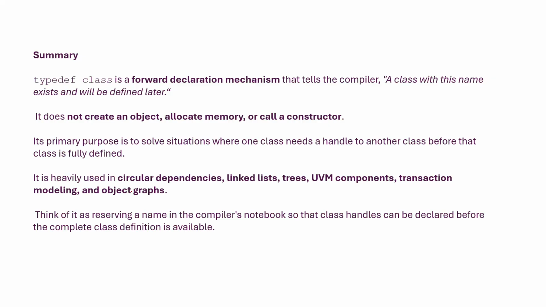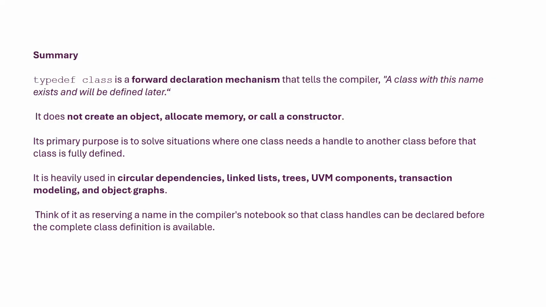Typedef classes is the forward declaration mechanism. Previously you need to mention the class, otherwise we can't access it in your next classes. That tells you that a class with this name exists and will be defined later. Something on my name it is declaring, and then the object creation will be done later.